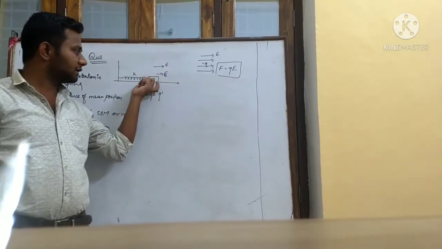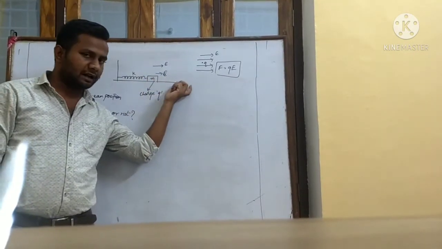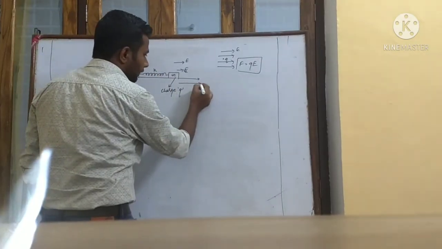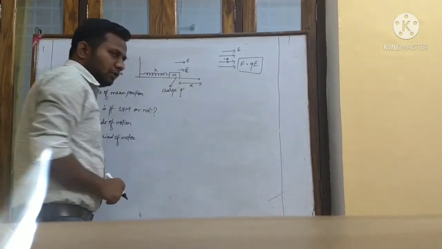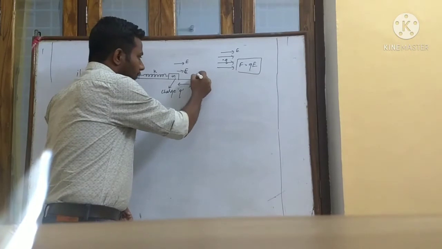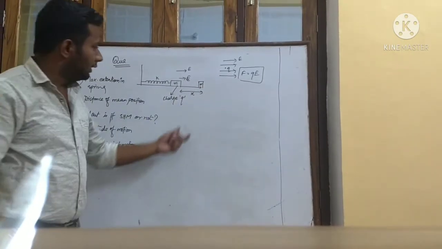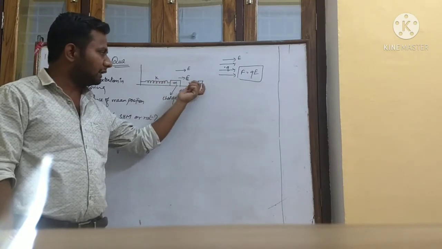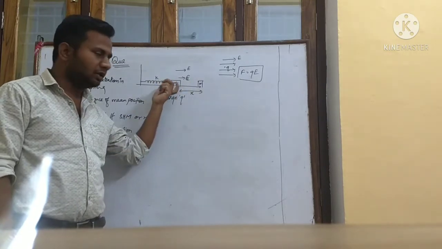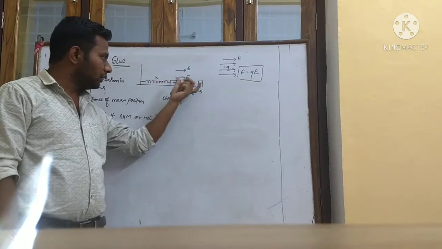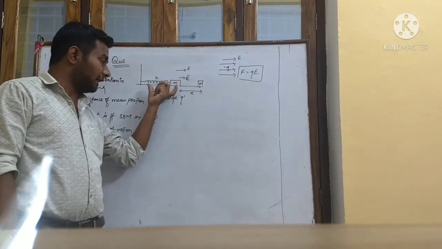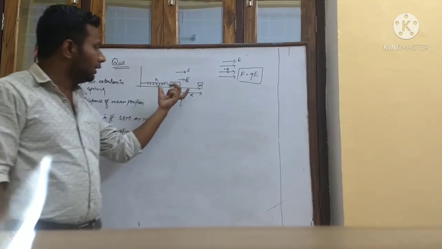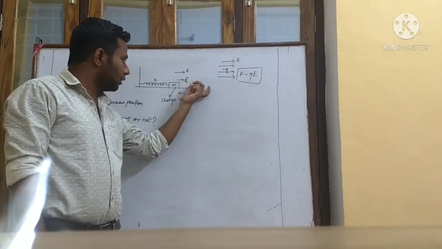Because of that force, this block will start moving in this direction, up to a value, suppose x, up to a position here. Then because of this spring, it will feel some restoring force, and this block will come back to its position. I don't know whether up to this position or any other position, but we will find out. So this block will move like this.